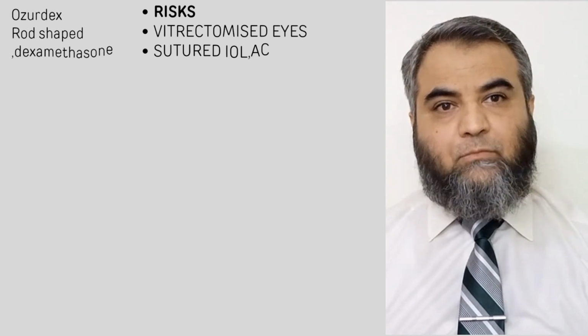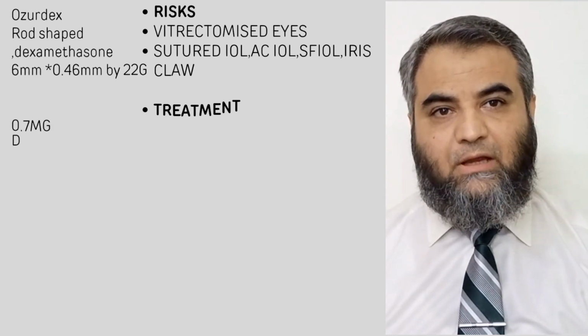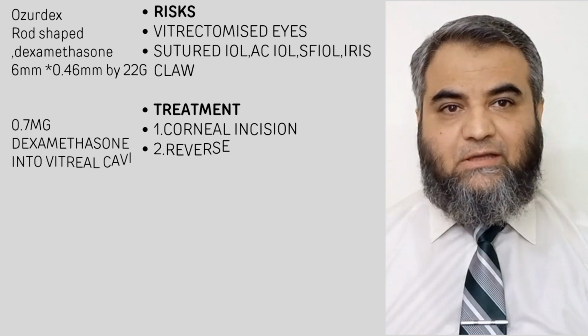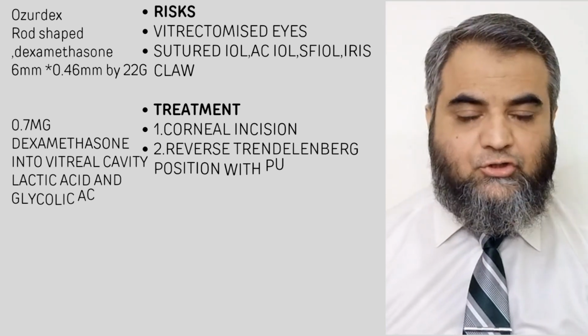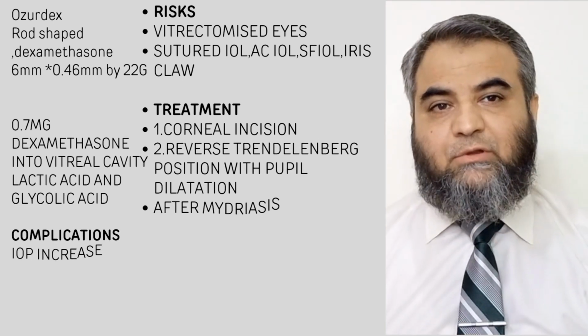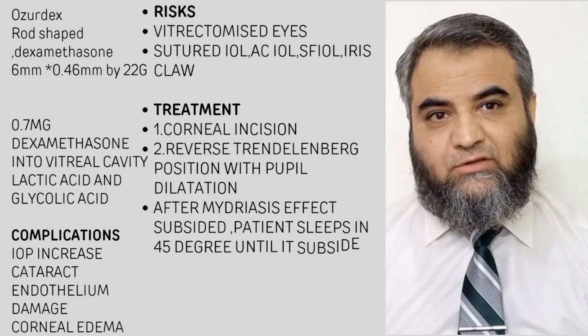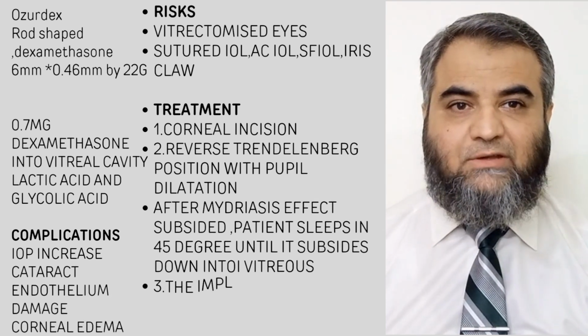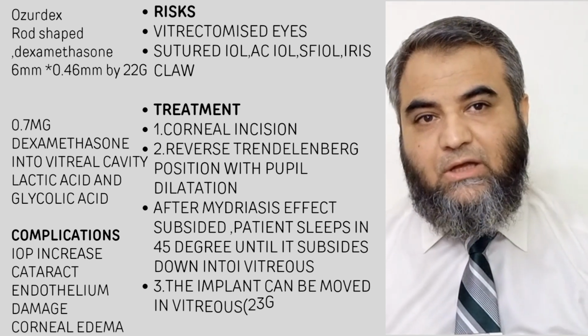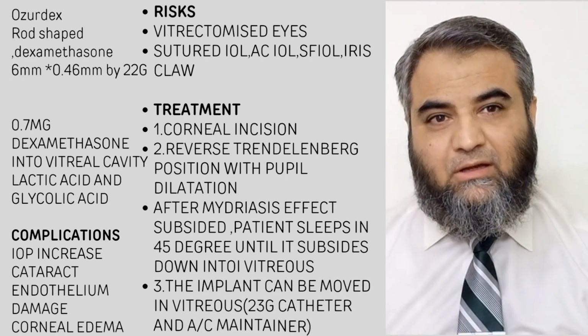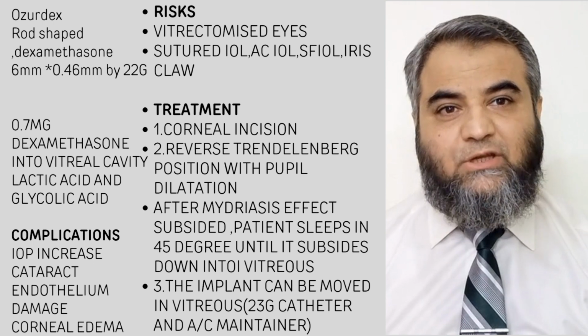As I mentioned earlier, this is a biodegradable implant, rod shaped, with a size of 0.46 millimeter to 6 millimeter, and it releases almost 0.7 milligram of dexamethasone into the eye. The problem occurs when this moves into the anterior chamber.